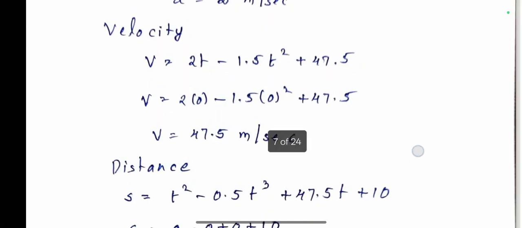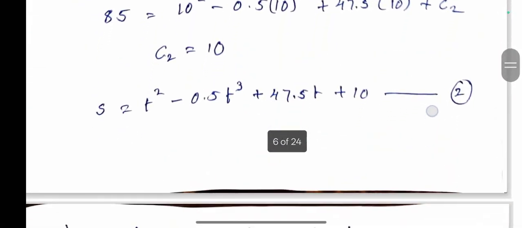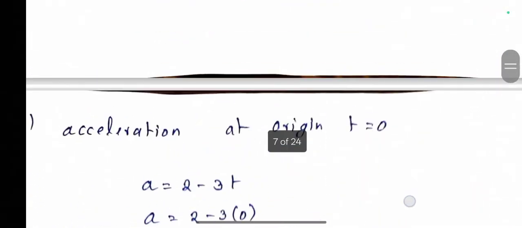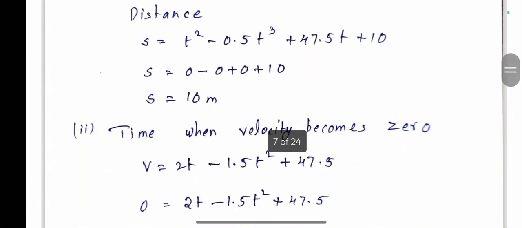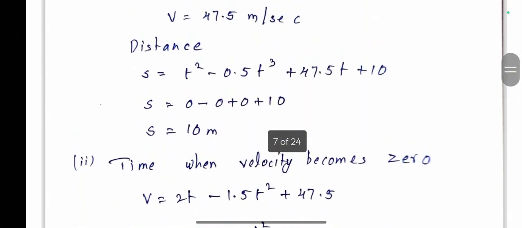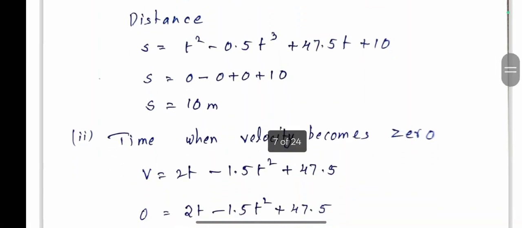Substituting t equal to 0, we get the constant value directly. V is equal to 47.5 meters per second square. Next, substituting the value in equation 2, s will become s is equal to 10 meters, because by substituting t equal to 0, the first three terms will become 0.